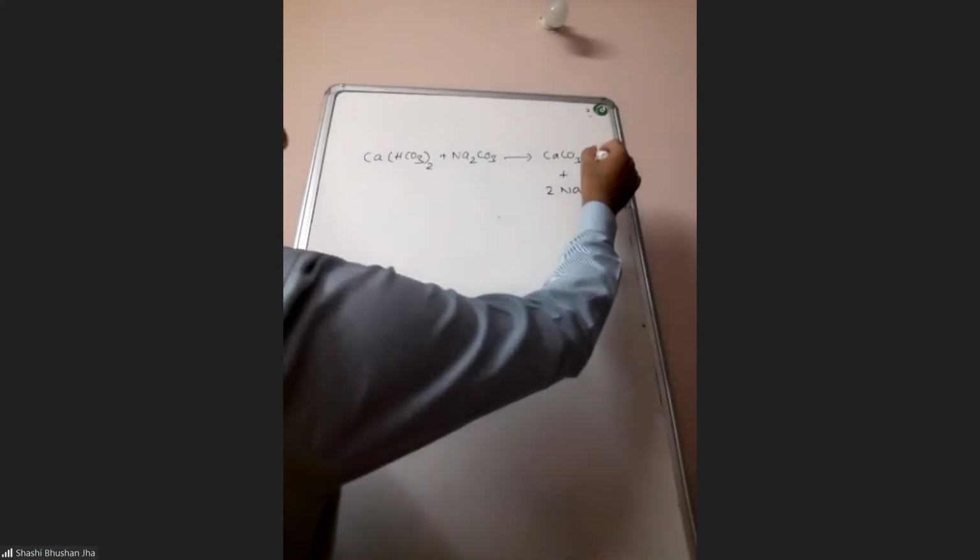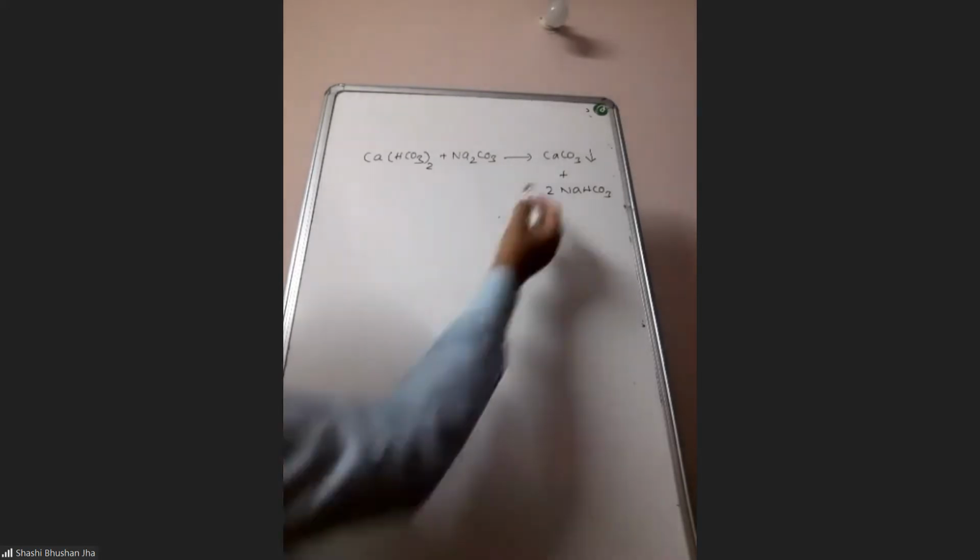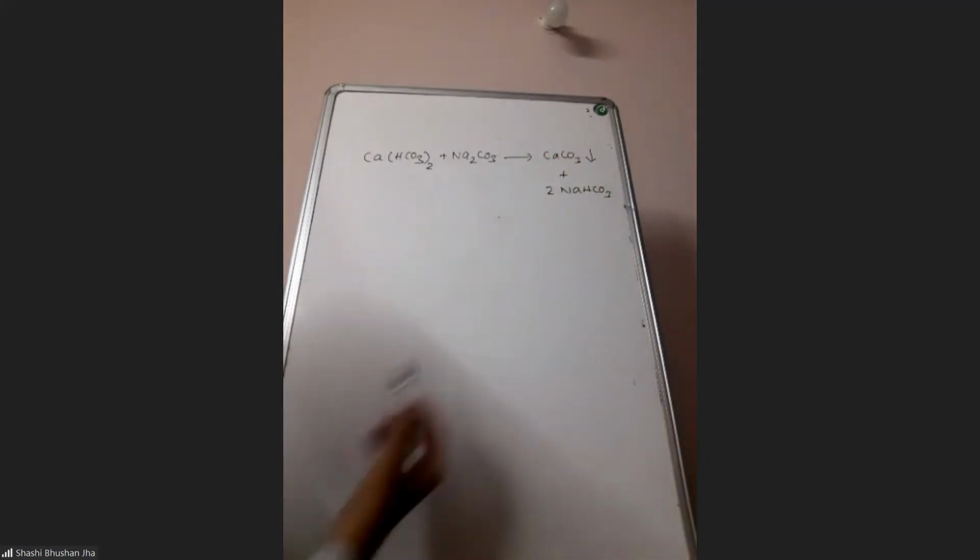Now this calcium carbonate will get precipitated. So you can remove calcium carbonate by filtration, and if calcium ion is removed from the solution, then obviously hardness will be removed.